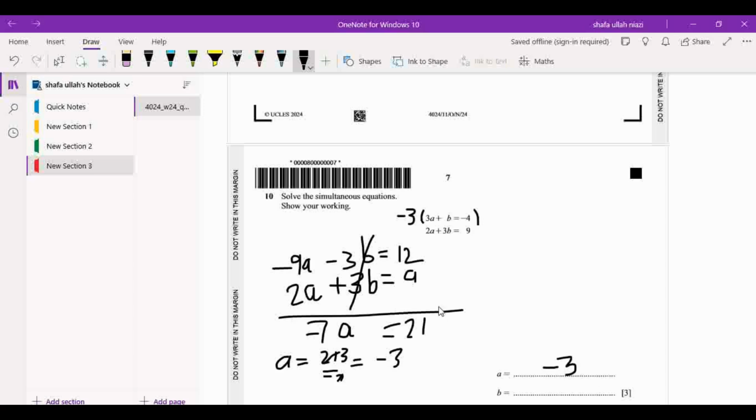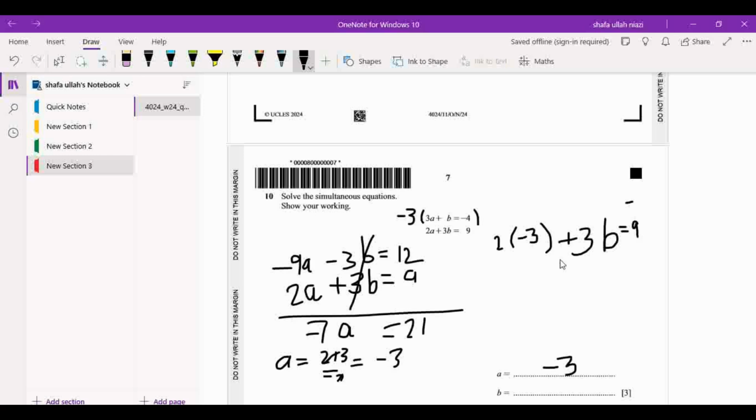When we put this value in any of these two equations, first putting it in the second equation, we get 2 times -3 plus 3b equal to 9.